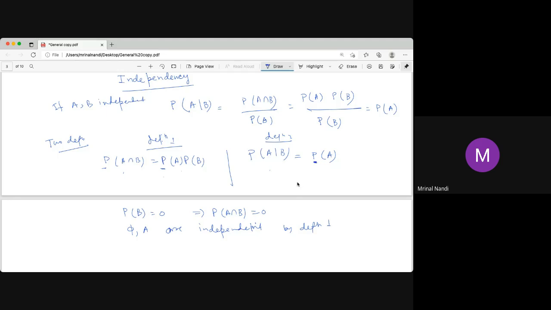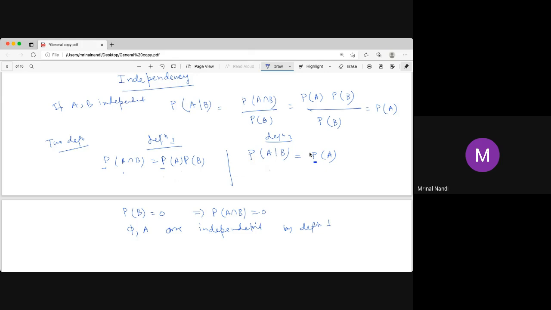That's why definition 1 is slightly better. It's not actually equivalent. It's slightly better because if one of them is phi, we can define independence using definition 1, but we can't using definition 2. So this is a small advantage of definition 1 over definition 2.